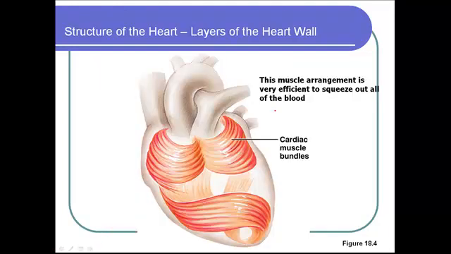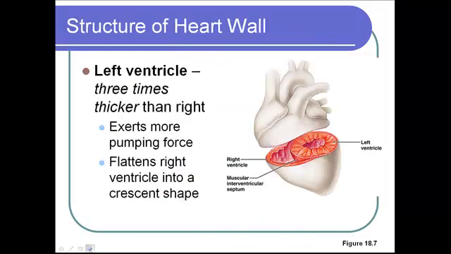So layers of the heart wall, this muscle arrangement is very efficient, and if you take a washcloth and wring it out, it has the same pattern as this. When this squeezes, because you can see it's going to squeeze longitudinally, right? It's going to wring the heart out like a cloth, and it's very, very efficient, and it expels more blood than if it was just like circular.